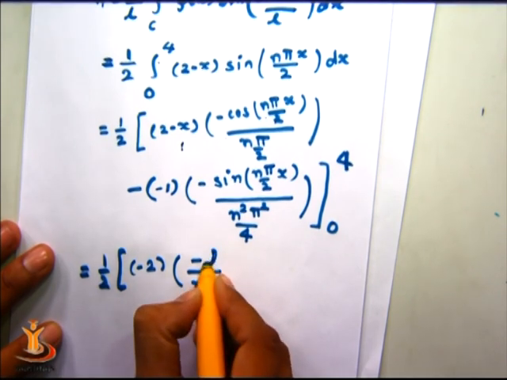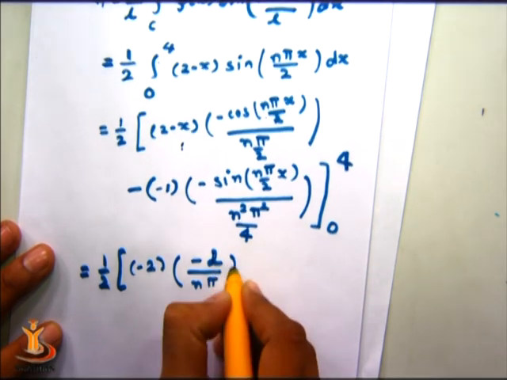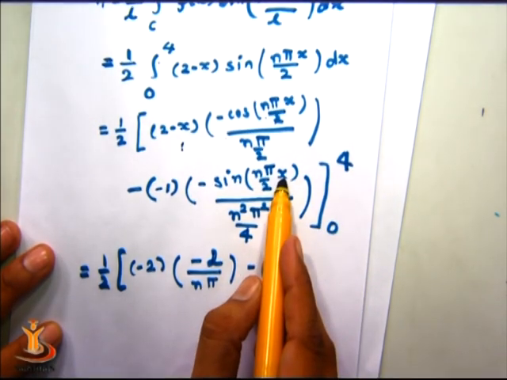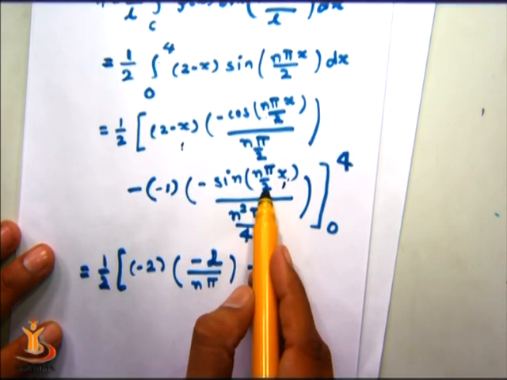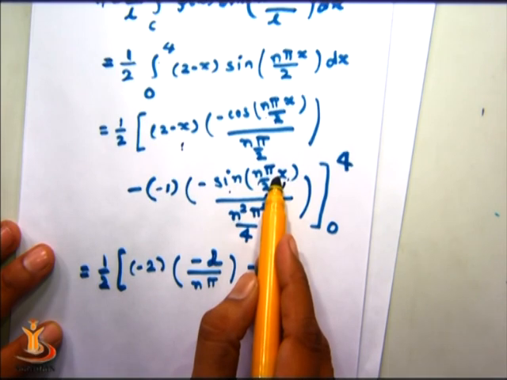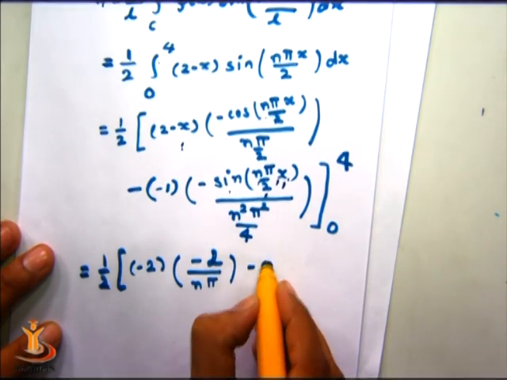N pi by 2, so we can write 2 as a numerator. Minus, x equal to 4, and this 2 gets cancelled.